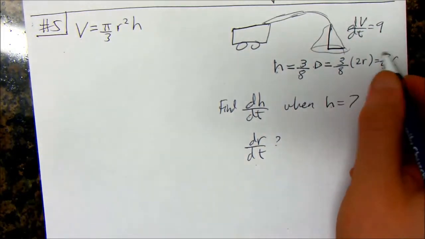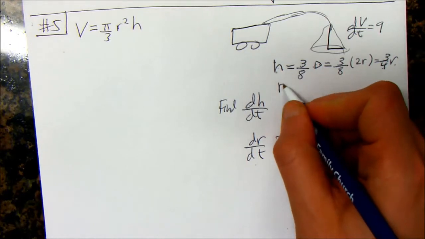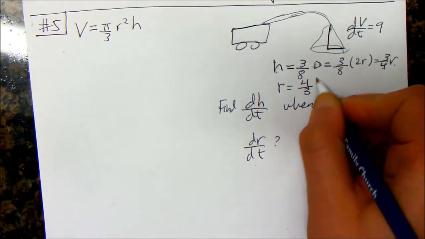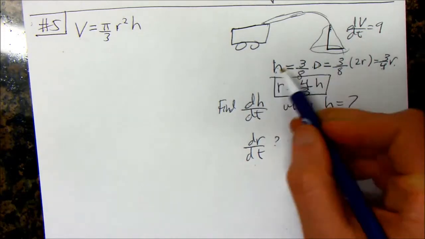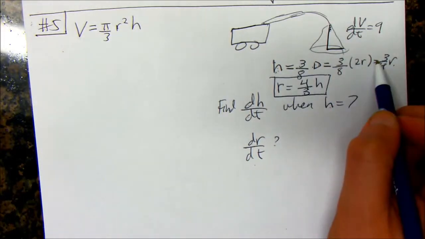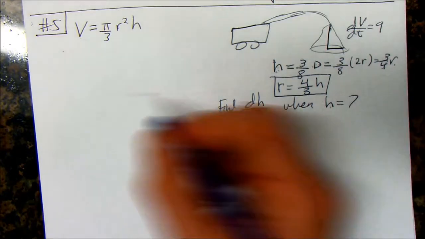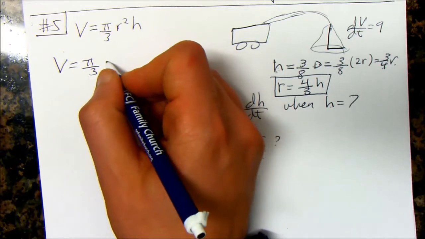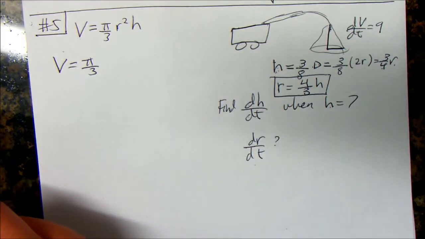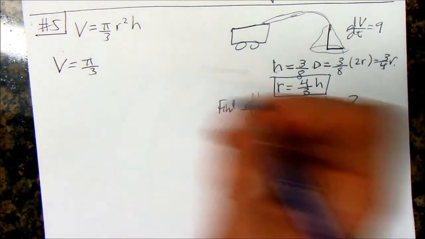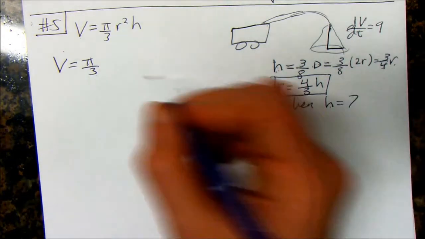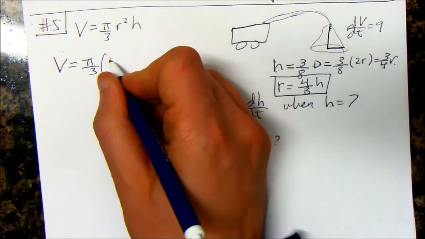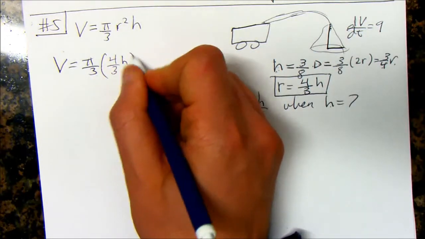So if I do it with only r, I have to solve this for r, so I end up getting r is equal to 4/3 h, right? So I'm going to use that. All I did was multiply both sides of this by 4/3, the reciprocal. So let me plug that in, and I get V is equal to pi over 3 times, and then plug this in, (4/3 h) squared.